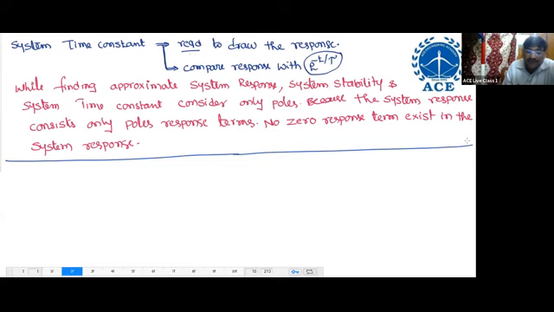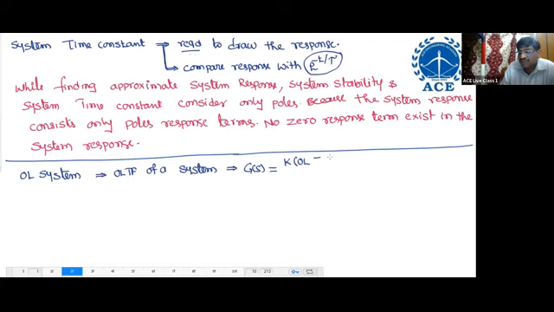See, if I take an open loop system, listen carefully, then only you will understand. Open loop transfer function of a system, that is G of S, equal to K into open loop zeros by open loop poles.